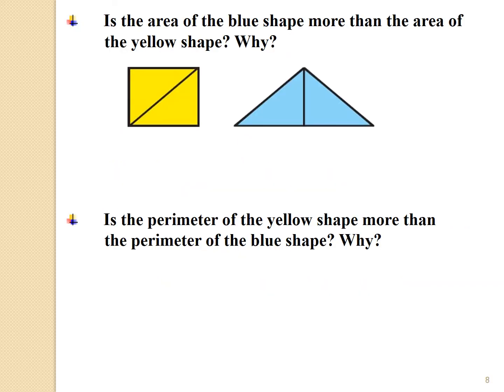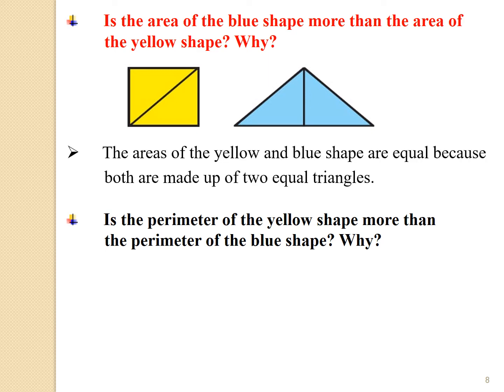Now, question number 4. Is the area of the blue shape more than the area of the yellow shape? Why? By observing the figures, it is clear to us that the areas of the yellow and blue shapes are equal because both are made up of two equal triangles. Now, question number 5.